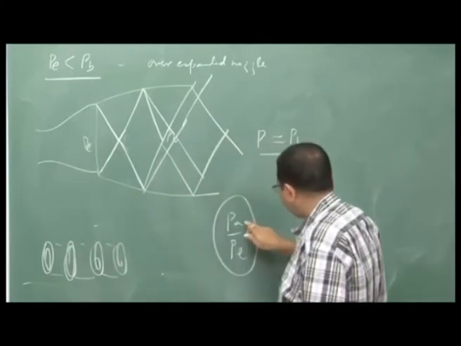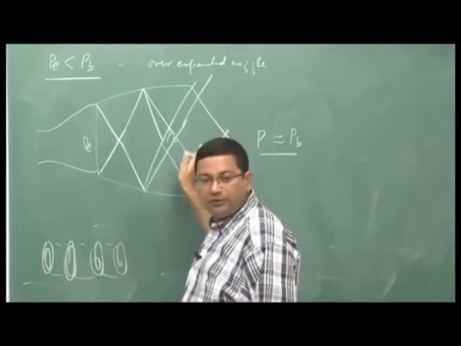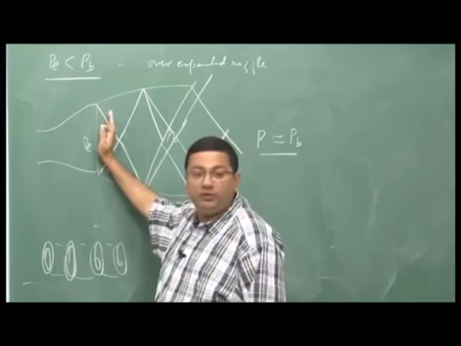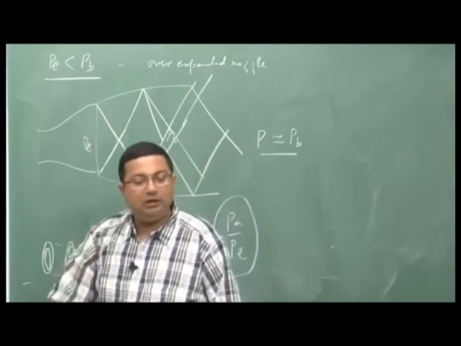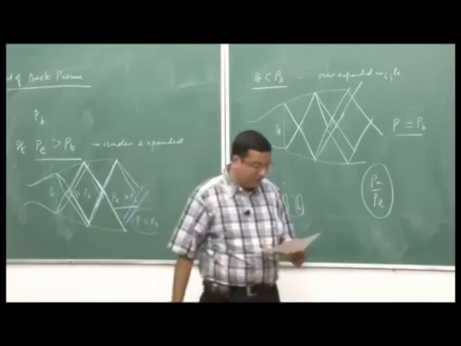So, when the exit pressure is very low compared to the ambient pressure, we can have a normal shock wave sitting here, and that condition we have already derived, what will be the condition for that, where we can have a normal shock wave sitting there.